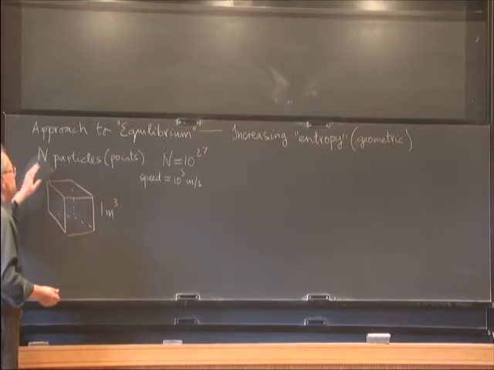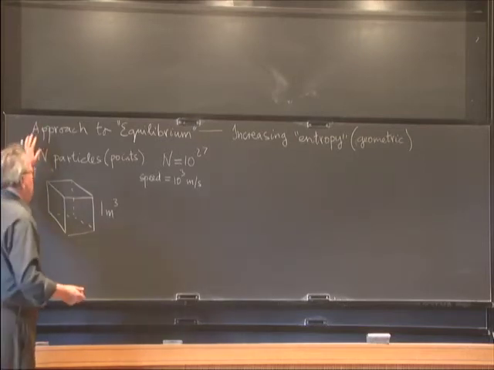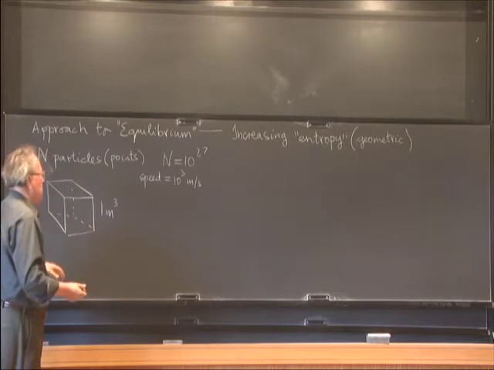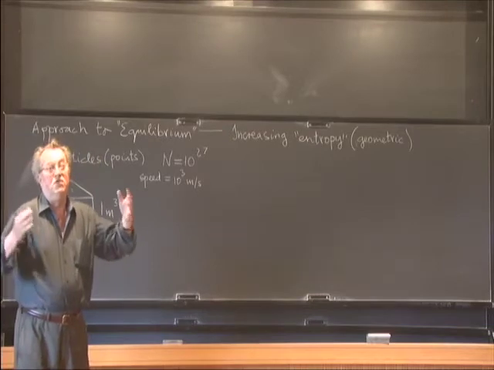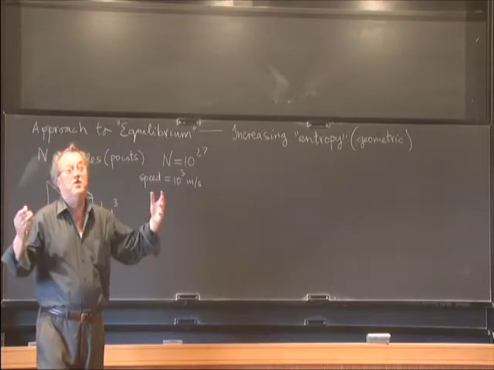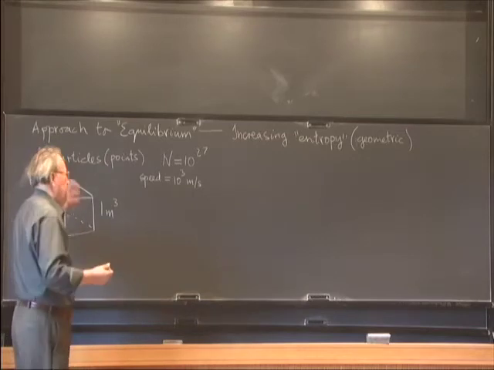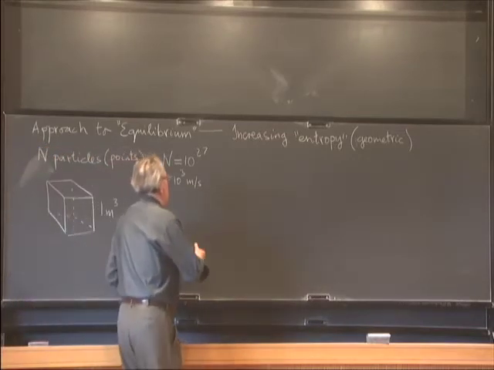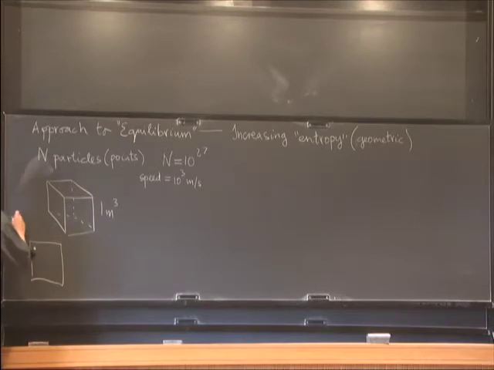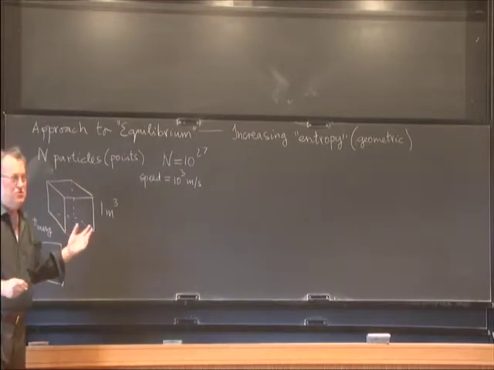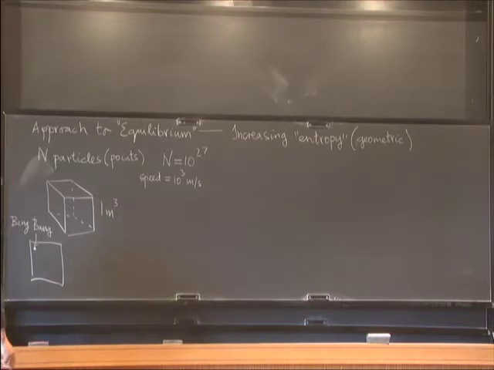Okay, so the first question is, how quickly does a system starting from extreme non-equilibrium go to some kind of equilibrium? Now, what is extreme non-equilibrium? Well, the most extreme is when they are all in one point, what I call Big Bang, because I love the TV show, Big Bang Theory.